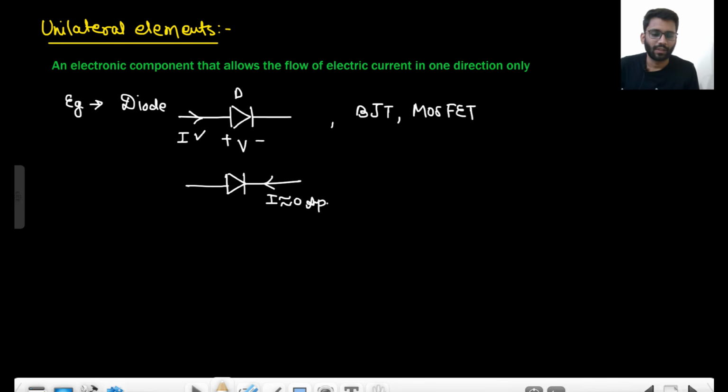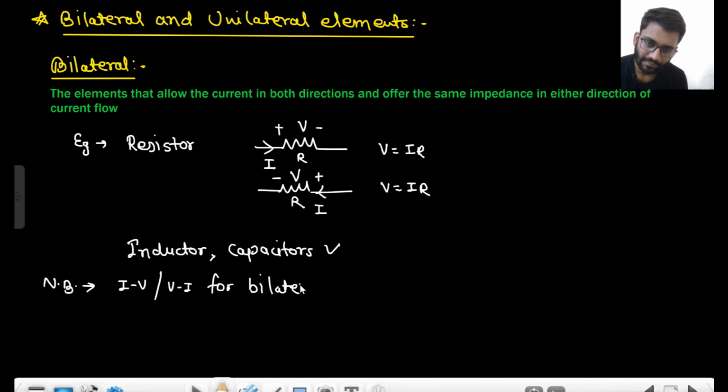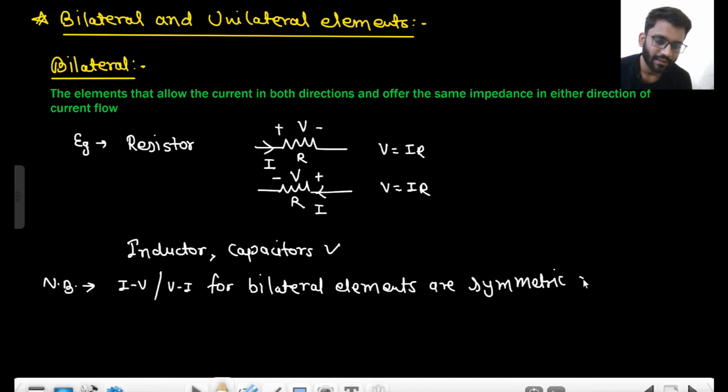Okay, so now talking about the IV characteristics. We will write down a point: the IV characteristics or VI characteristics for bilateral elements are symmetric about origin.